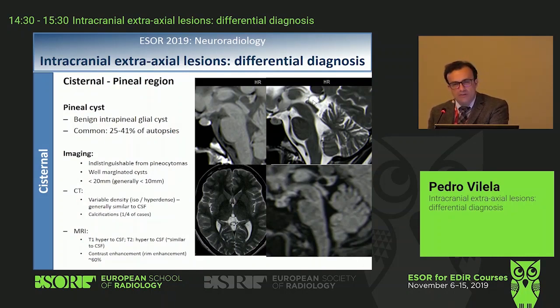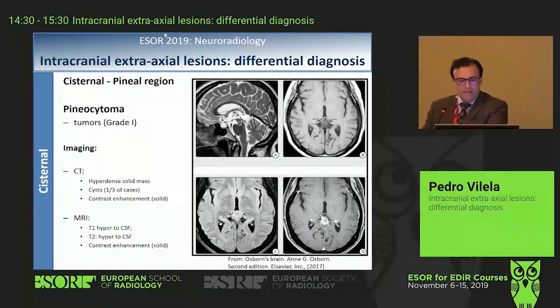When they are more than 1 centimeter, we should follow them because it's impossible to make the differential diagnosis of a pineocytoma and a benign pineal cyst. It's the follow-up that will tell you. And generally they have no mass effect. They are incidental findings.